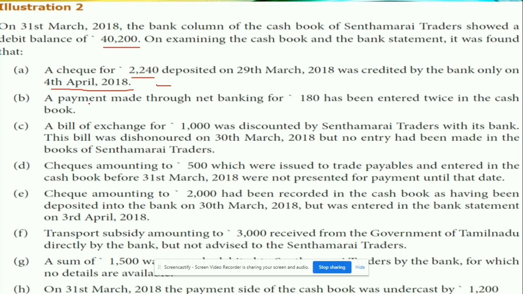And next one, the payment made through net banking for 180. They made a payment on net banking, 180. They have made the payment, but entered it twice in the cash book. Don't get confused. In the bank column of our cash book, we made the entry twice.